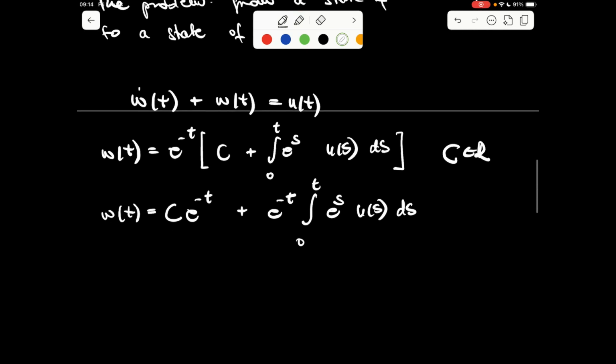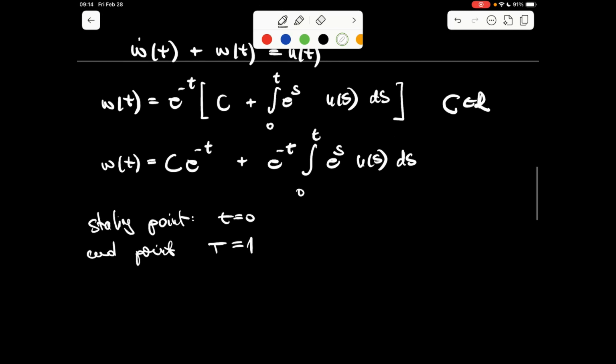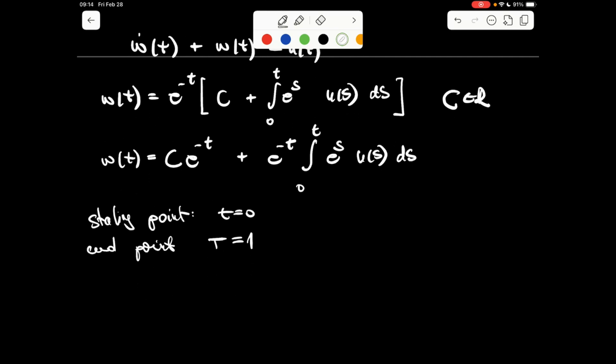The starting point is of course 0, and the end point is 1. Okay, so let's use the boundary conditions.